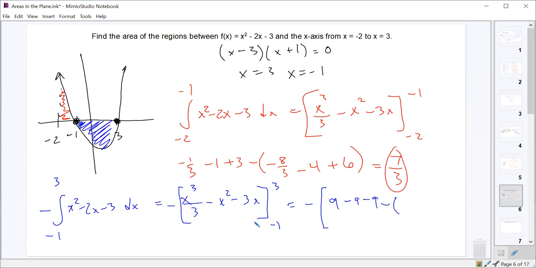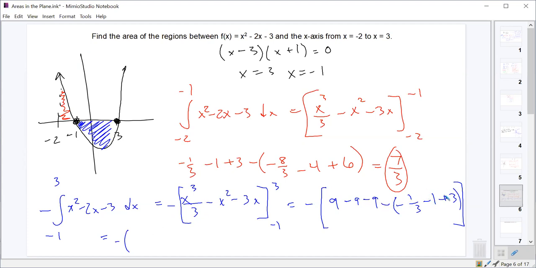It gives us a -1/3 minus a 1 plus 3. And so what do we get from that? We get the opposite of 9 minus 9 is 0, minus another 9 is -9. And we're going to have -9 plus 1 should be -8.